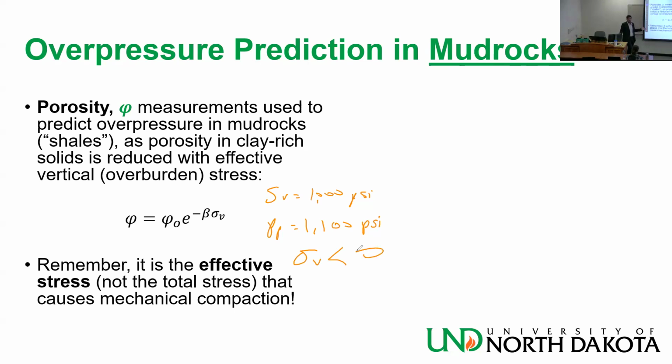If the smallest one is Shmin, pore pressure needs to be at most the same or smaller. Because the compaction is not done by SV, it's done by sigma V. You may have a big value for SV, but sigma V may be zero, or very, very small. So this is an important point, and it depends on the stress regime of the area.